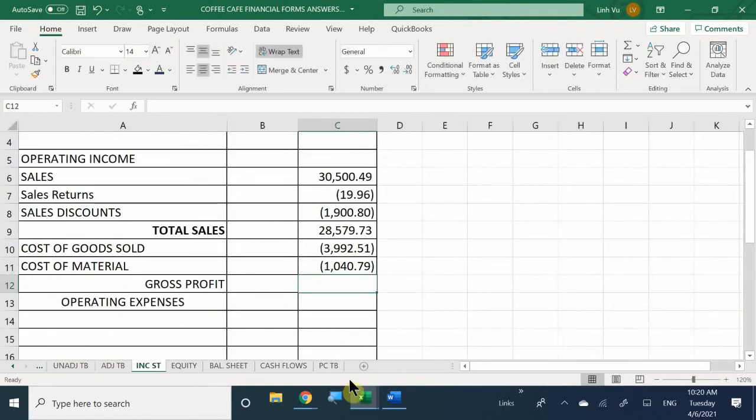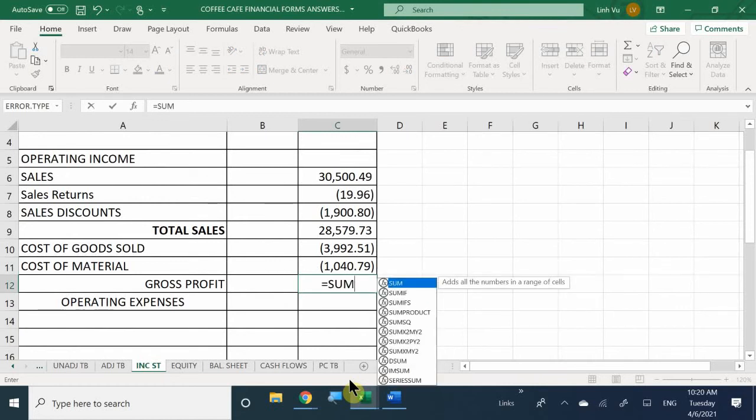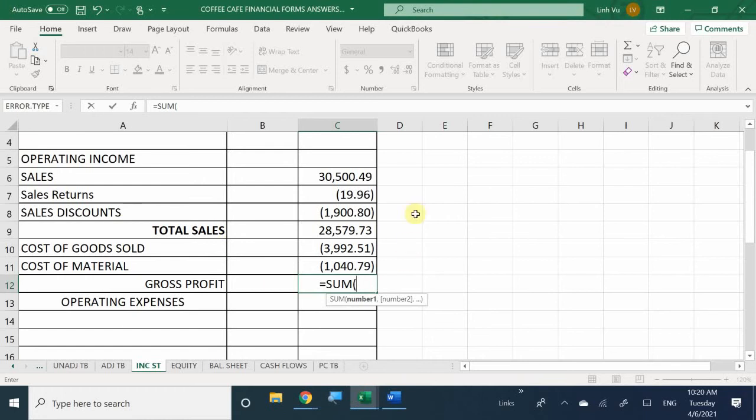Yes. Okay. Once again, when I add up these numbers, this is going to be your gross profit, not gross income, gross profit. Okay? So here I'm going to take my 28,000. I'm going to counter it or subtract my 3,900 for my cost of goods sold with 1,040 for my cost of materials.